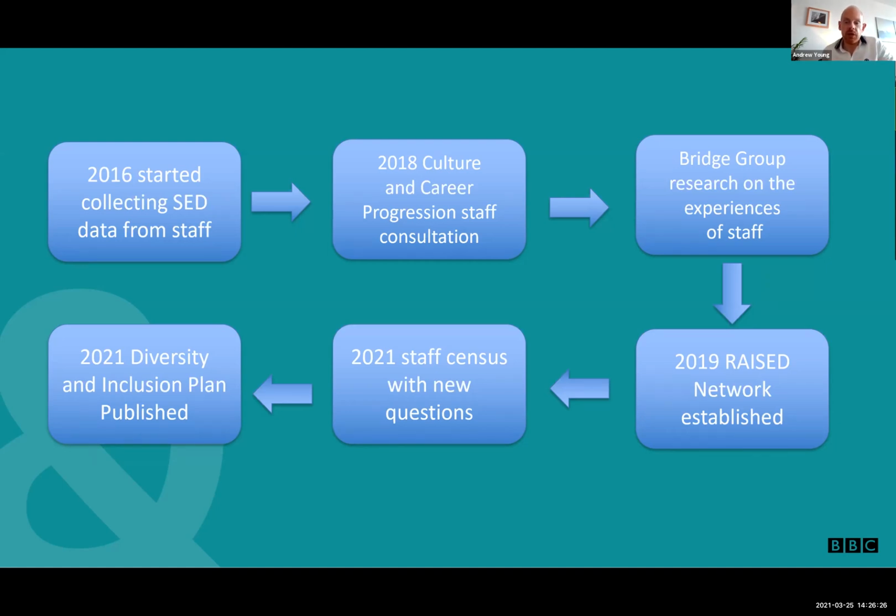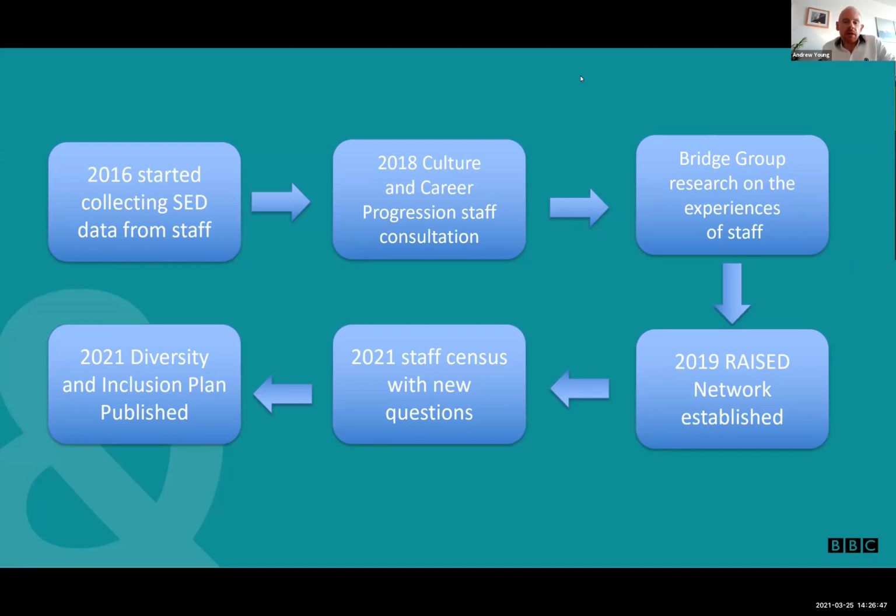So again, we worked with the Bridge Group. They carried out some very in-depth data analysis to look at career progression rates. And what that showed us was that it can take longer to progress your career if you are from a lower socioeconomic background at the BBC.